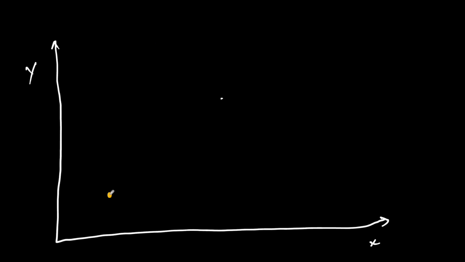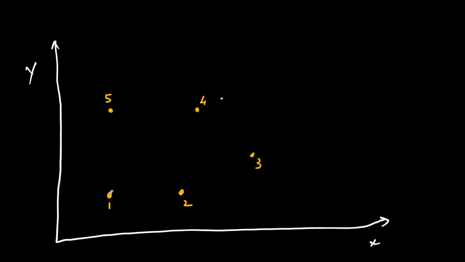Let the body be here initially. Let this be point 1. After some time it reached here, point 2. After some time, point 3, then point 4, then point 5.